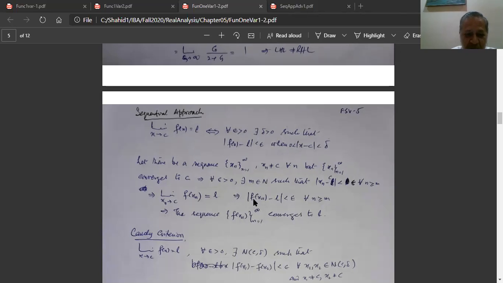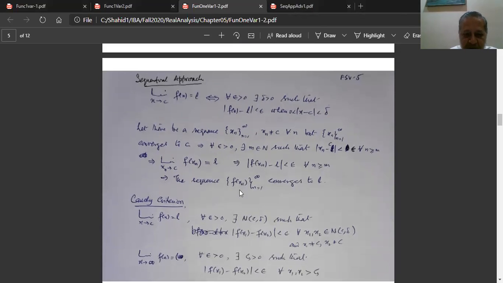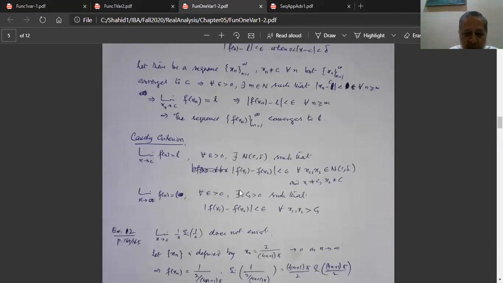So this is a new tool of finding out limit that we are going to consider in some examples pretty soon. So this is the thing that we have added to our idea of evaluating limit. Let me introduce the concept.